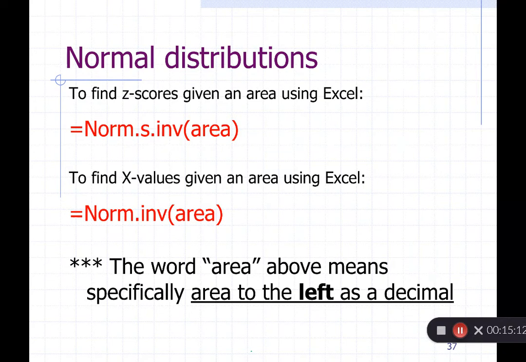If we have z-scores, there's a .s. If it's x values, there's no .s. And instead of norm.s.dist, it's norm.s.inv for inverse, the inverse of the distribution function.